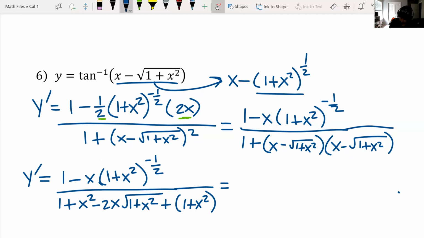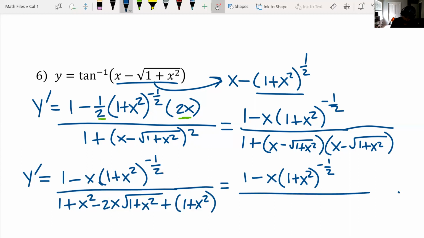Okay, so I have (1 minus x) times (1 plus x squared). My goodness. 1 plus x squared to the negative 1/2, all over that one, that makes 2.